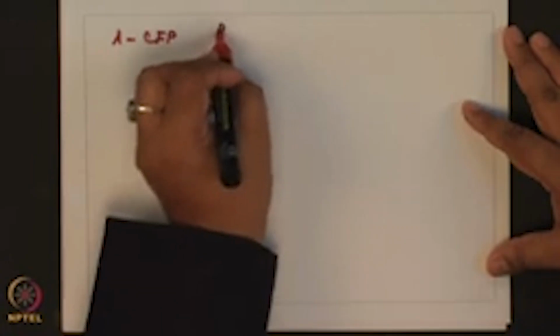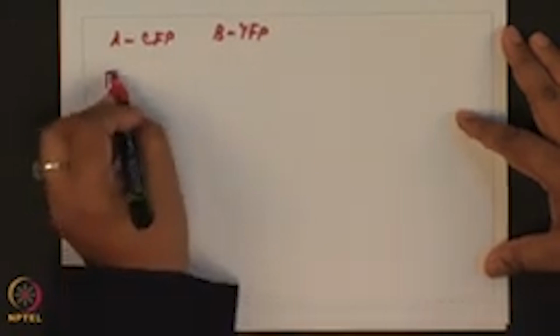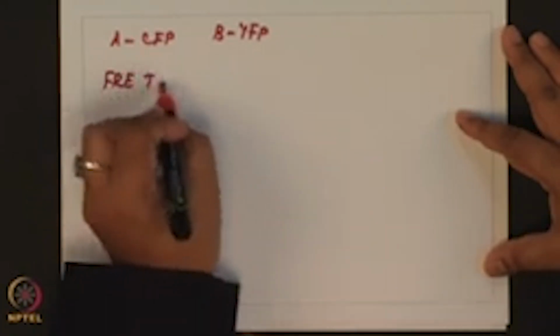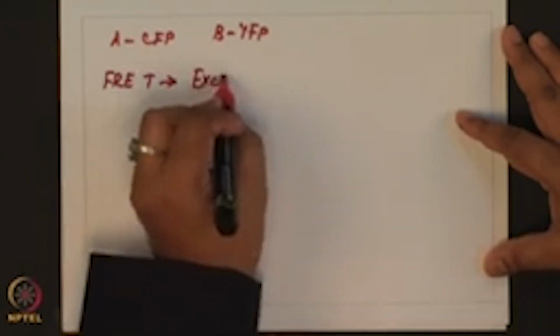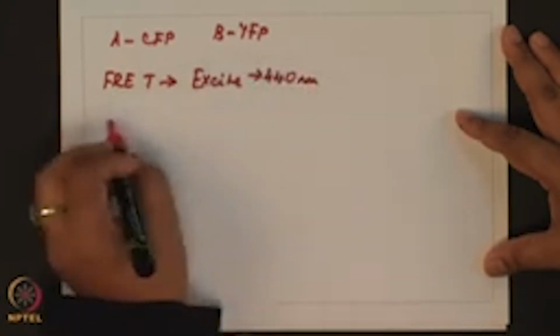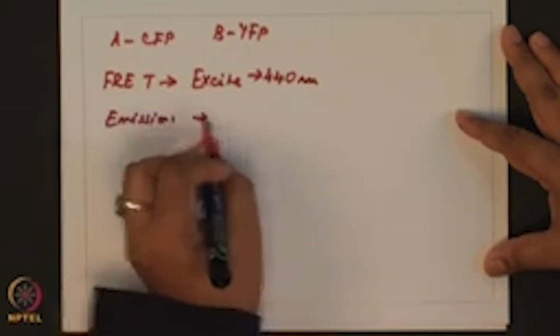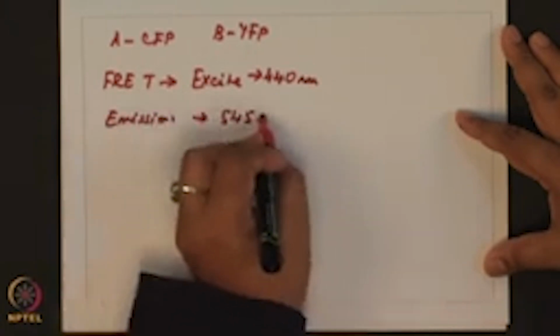Okay. So, if you have two tagged proteins, let us say protein A which is tagged to CFP, protein B which is tagged to YFP. Okay. So, in FRET what you do? You excite at 440 nanometers and you collect the emission spectra at 545 nanometers.